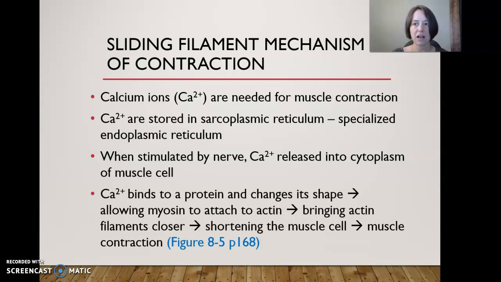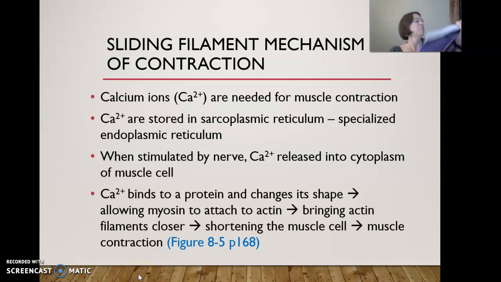And the calcium ions, once they're released, we're going to go more in depth on this, but they bind to a protein, and when you bind to a protein, it changes its shape, and that allows the myosin heads to attach to actin, and then it brings the actin filaments closer, and that shortens the muscle cell, which shortens the whole muscle.